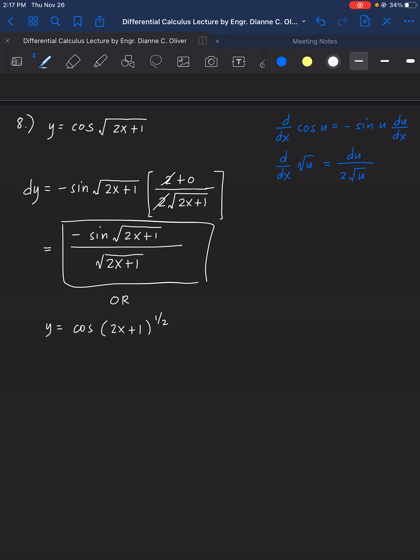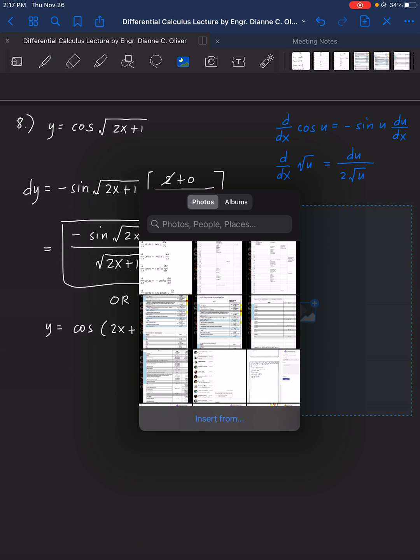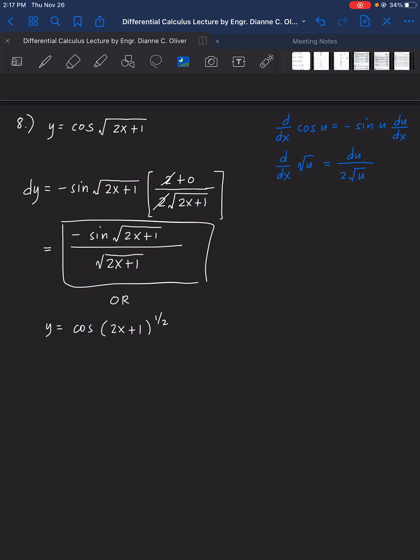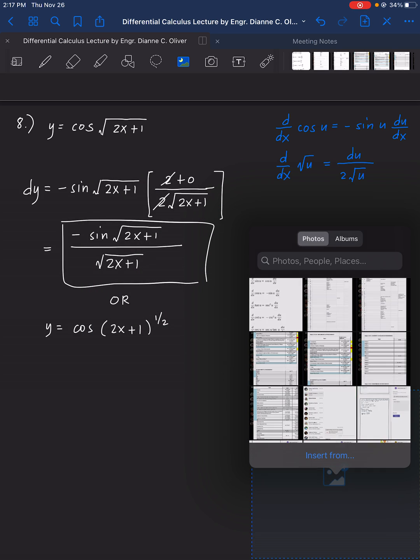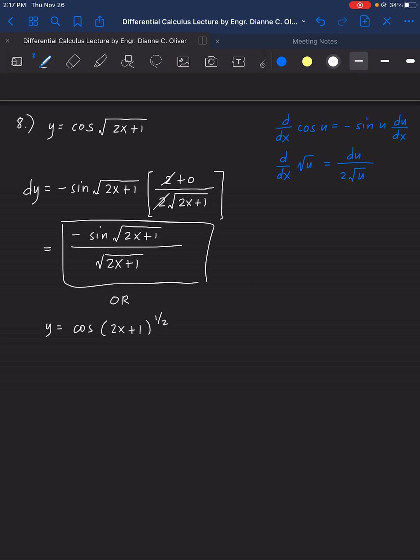So we can do that also. Then we can use the pattern of the power formula from a while ago.